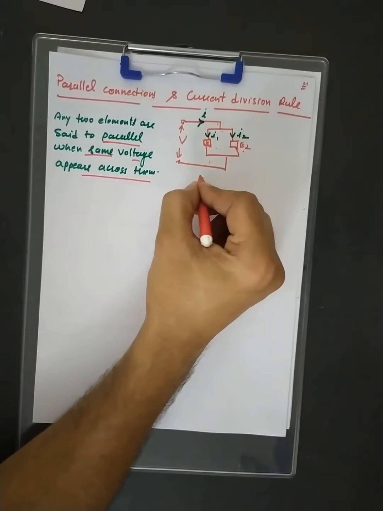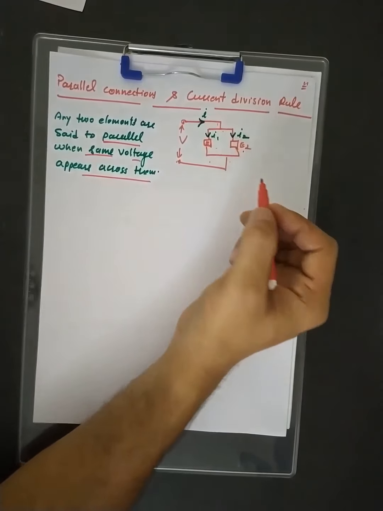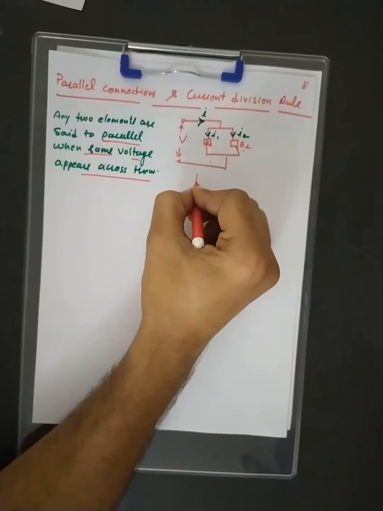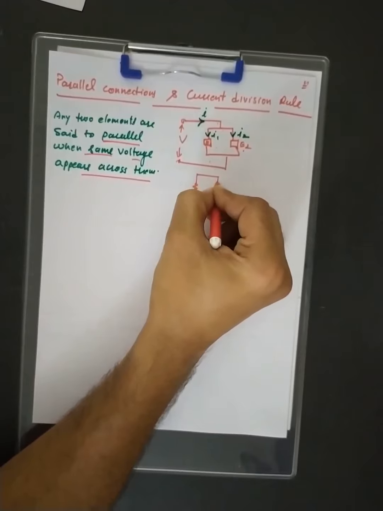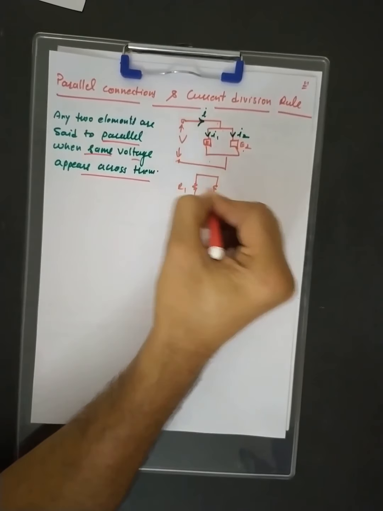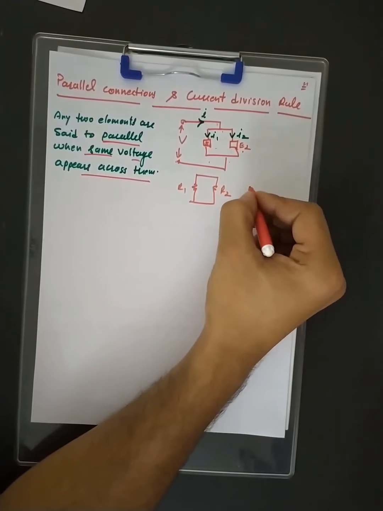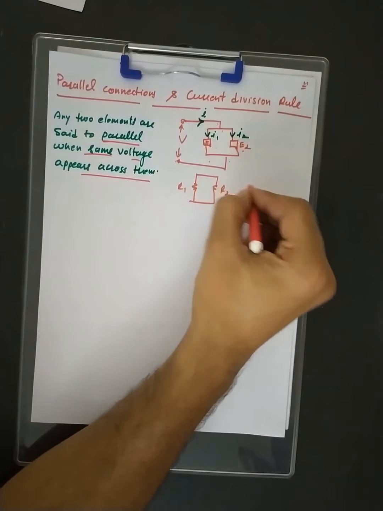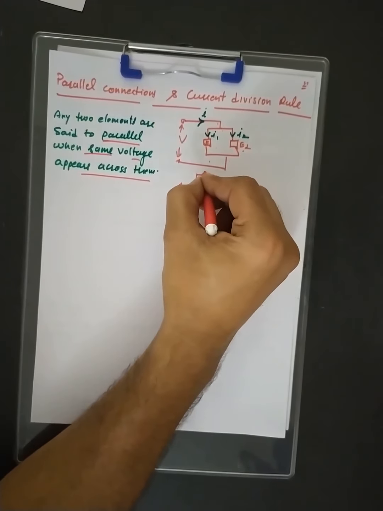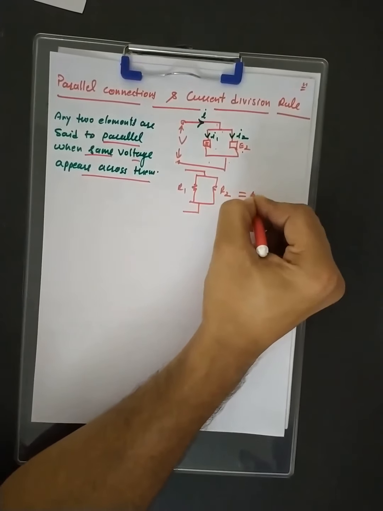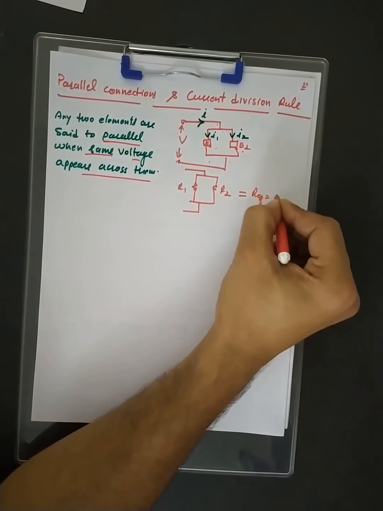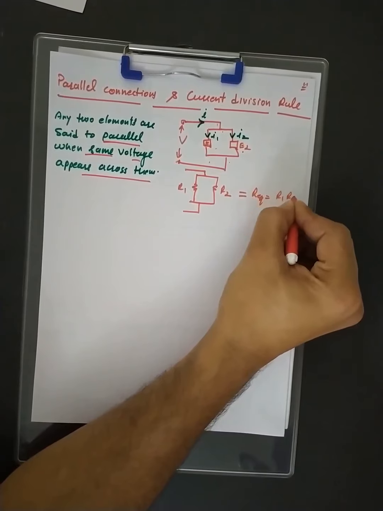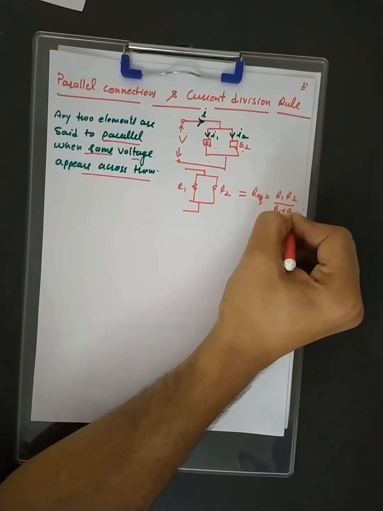I'm not going into detail on how to find the equivalent resistance when they are connected in parallel. I hope these are prerequisites that you already know very well. Generally, let me write this one for resistance. When two are connected in parallel, what will be the equivalent resistance? The equivalent resistance is equal to R1 R2 divided by R1 plus R2.